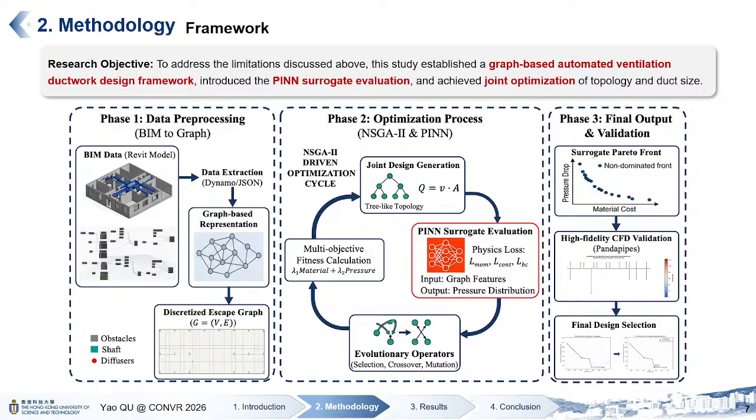It uses joint design generation to design the ductwork and uses the PN surrogate model to evaluate. When we get the evaluation, we can optimize with the result and achieve the multi-objective fitness calculation. Then phase 3 is the final output and validation.